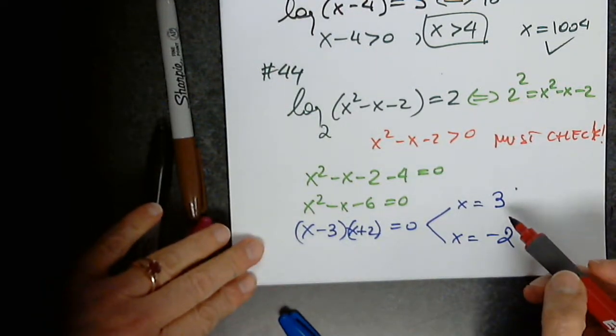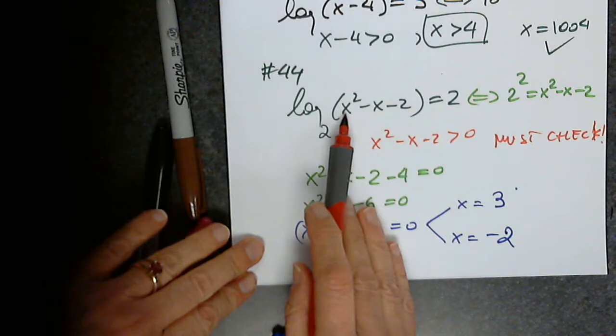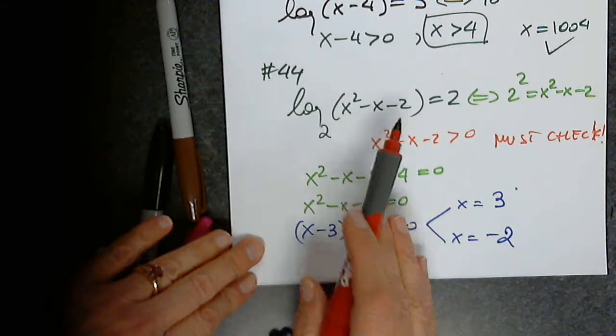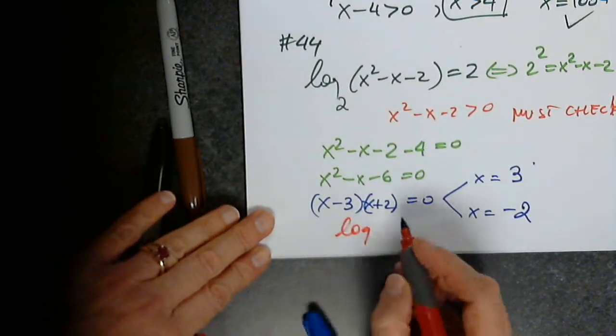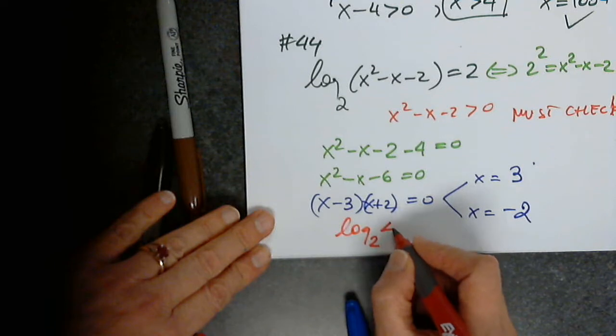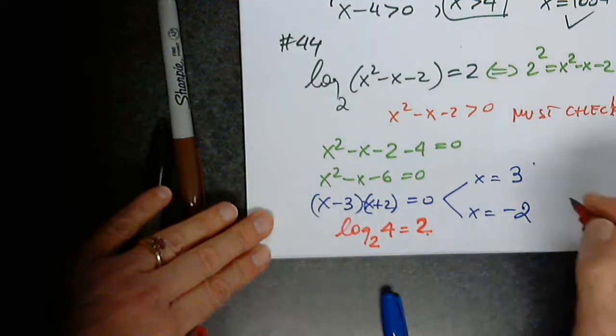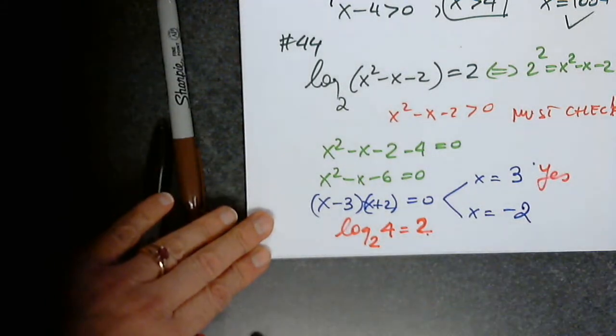So I'm checking 3. How much is 3 squared? 9 minus 3. 6. 6 minus 2. 4. So I'm asking myself now, is log base 2 of 4 equal to 2? So 2 squared equals 4. I will say yes next to 3.